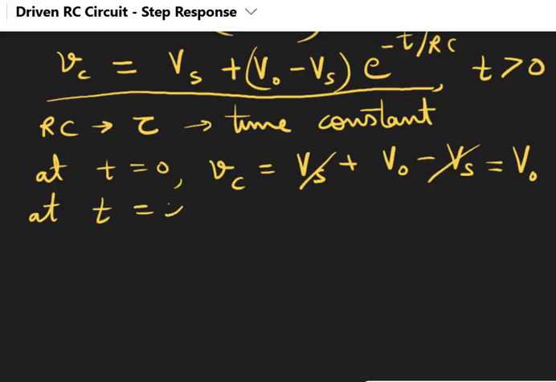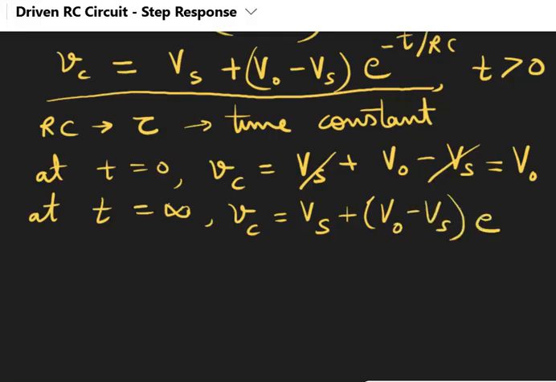So let us see at t equals infinity, Vc is Vs plus (V0 minus Vs) e to the power minus infinity.